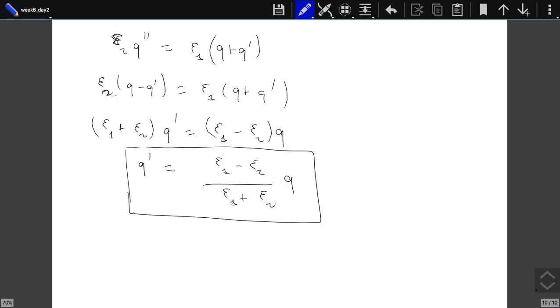Let's check the limits. One limit that we knew was if epsilon 1 goes to infinity, then the image charge should be minus the real charge. Well, if epsilon 1 goes to infinity, Q prime is equal to Q. A sign mistake. So where did I make that sign mistake?